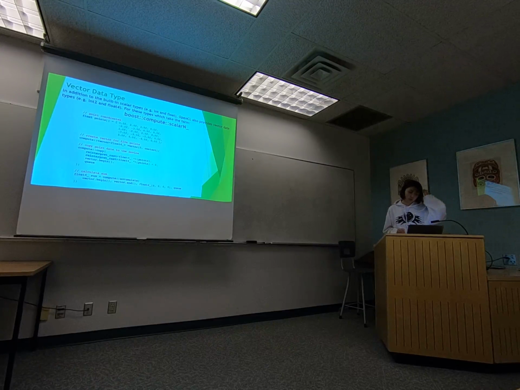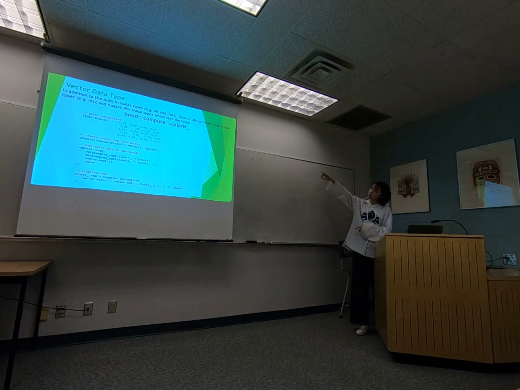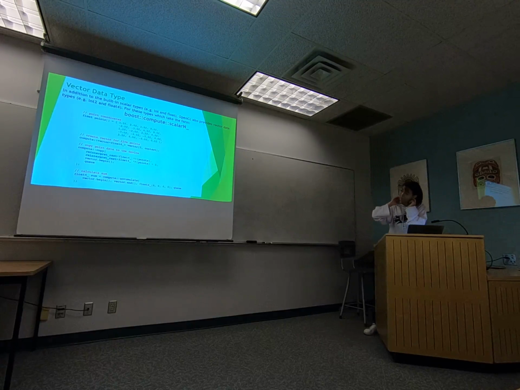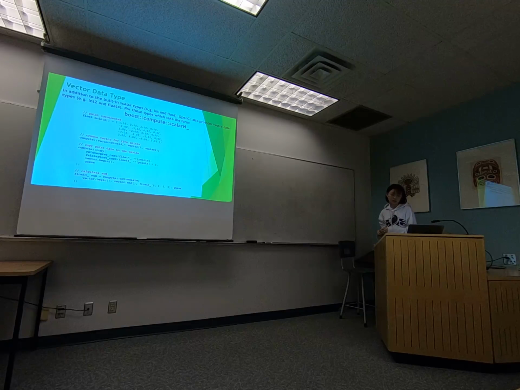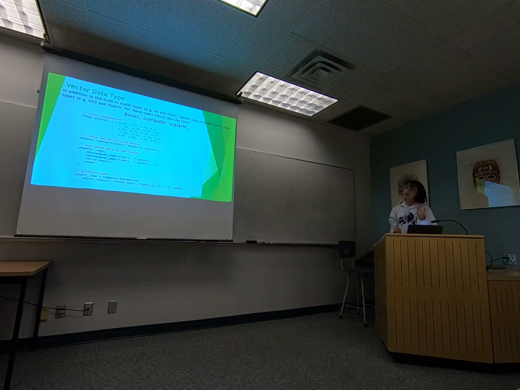In addition to built-in types like int and float, OpenCL also provides vector data types in the format shown here. The scalar means the scalar data type like int, float, and char, and the n here is the size of the vector.